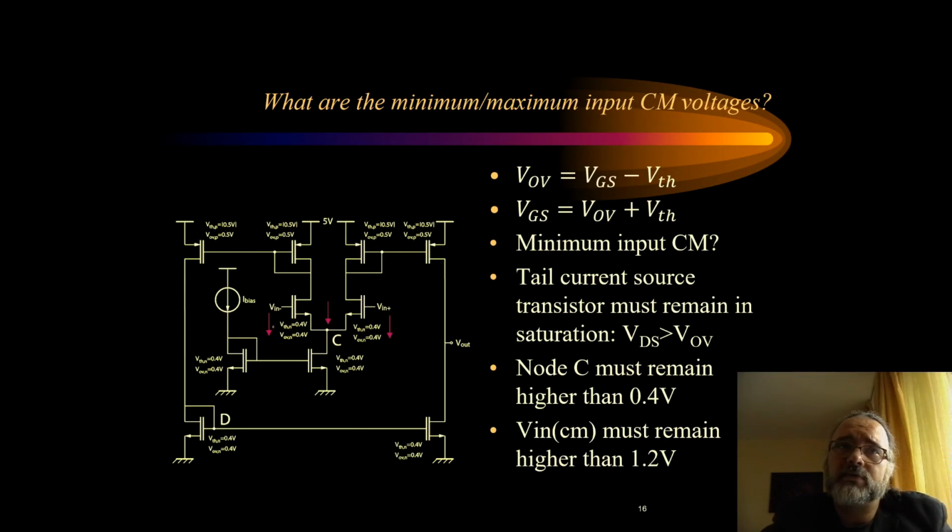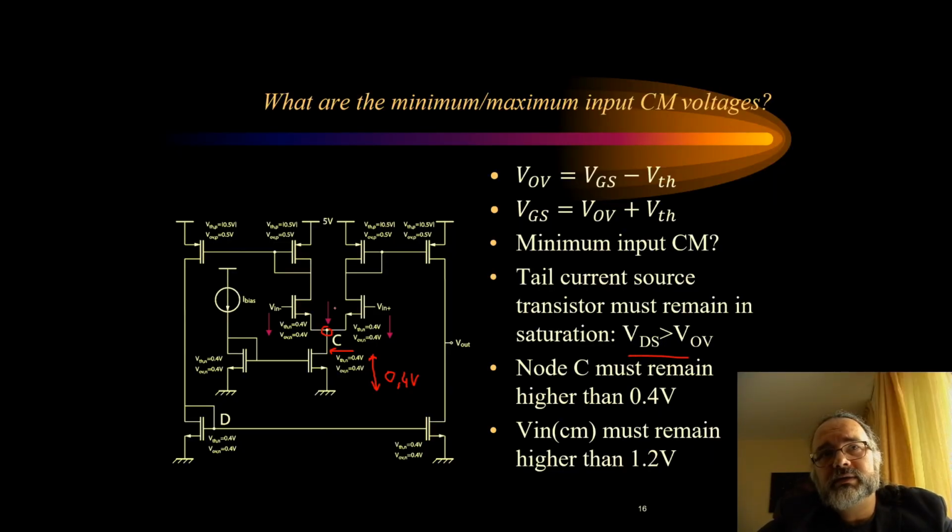If this goes lower and lower, what will happen? As this goes low, node C will follow and it will also go low. Now this voltage here should always remain larger than 0.4 volts, because if node C gets lower than 0.4 volts, then the tail current source transistor will go out of saturation.